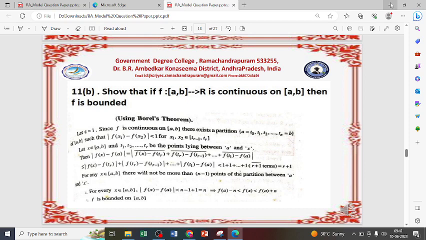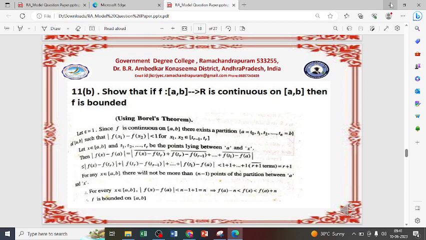In general, the rth subinterval is given by t(r-1) to t(r), and the last, nth subinterval is given by t(n-1), tn. So if you consider any two points x1, x2 in the rth subinterval t(r-1) to t(r), then definitely the values of the function at x1 and x2 will differ by less than 1. That is, |f(x1) minus f(x2)| is less than 1.